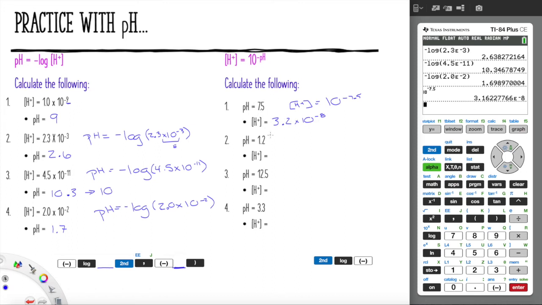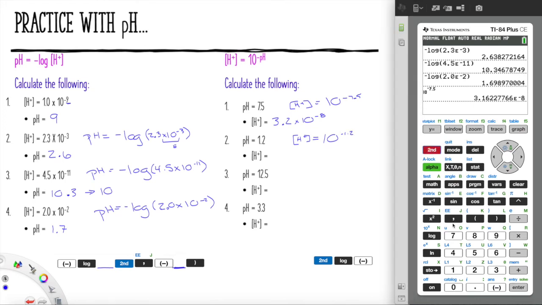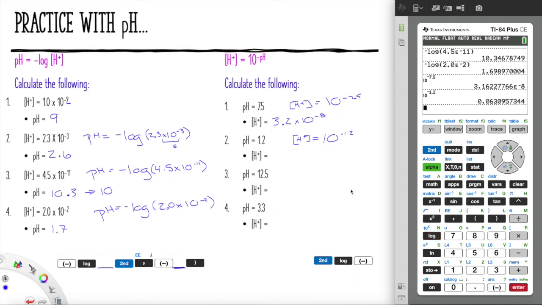All right, let's do this next one. So our hydrogen ion concentration is going to be equal to the anti-log of negative 1.2. So I'm going to hit second log negative 1.2, hit enter. And in this case, it's not giving me my concentration in scientific notation because it's kind of a high concentration.